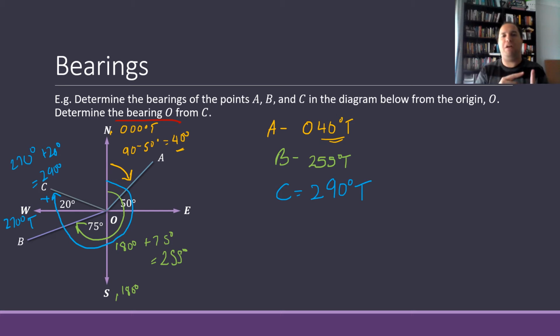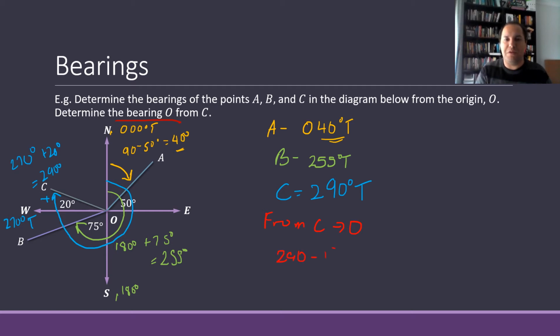Well, you just turn yourself around 180 degrees and start walking. So say from C to O, our bearing of C from O is 290, so we're going back 180.